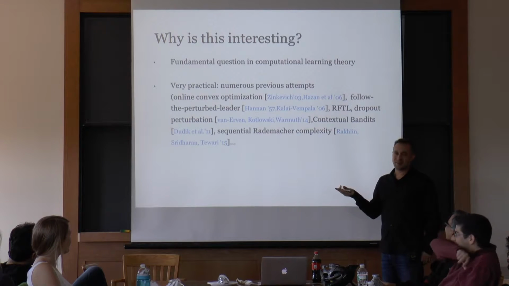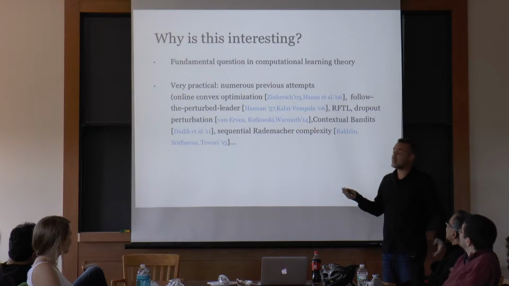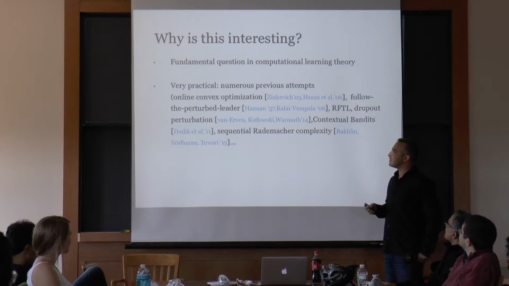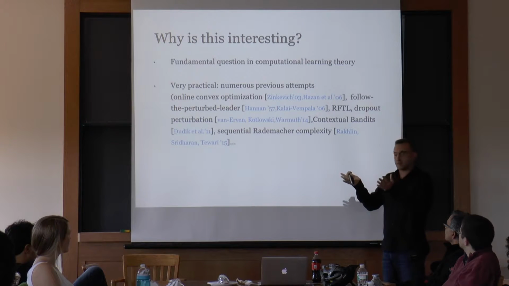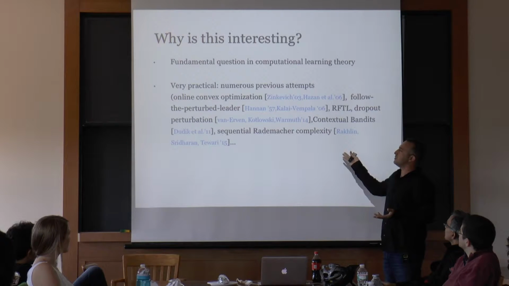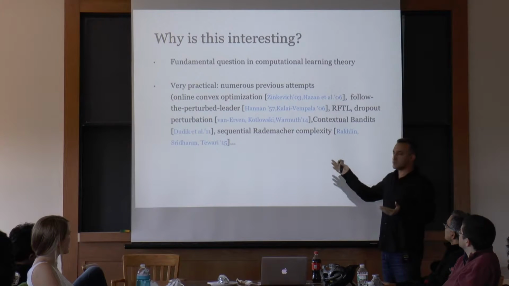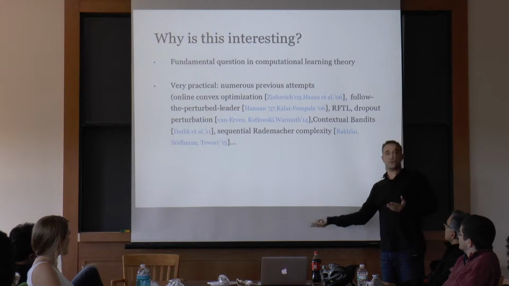So this is a basic question in learning. I argue it's a basic question, and it's very practical. As I said, there are many papers in COLT. What are they all doing? If we had the fundamental theorem of statistical learning, we wouldn't need all these papers. So people try to come up with general methodologies for converting optimization into online learning.